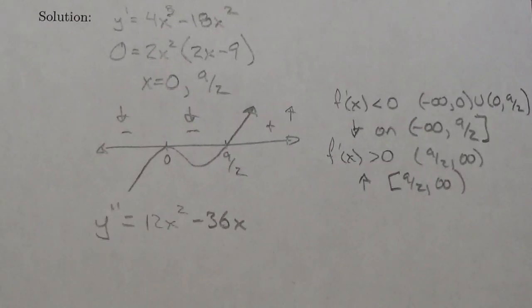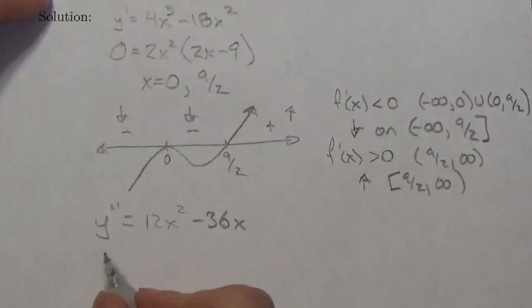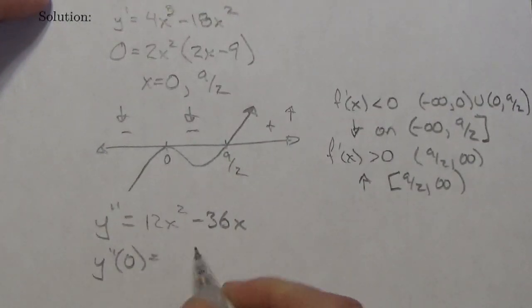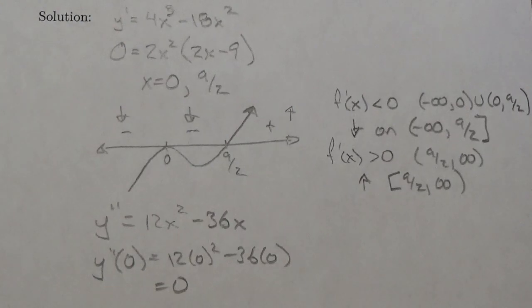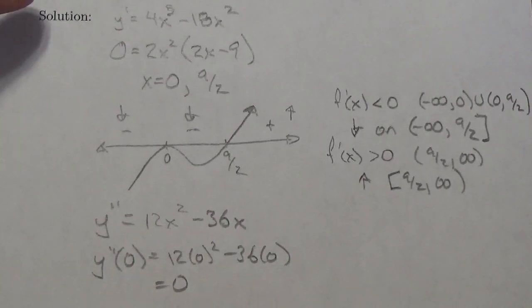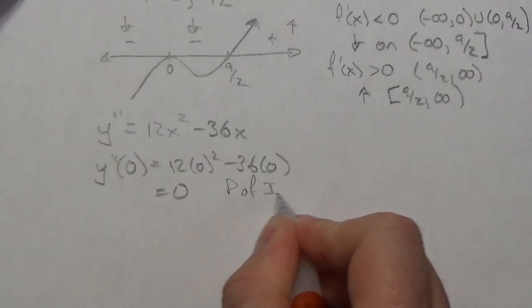What I'm looking to do is to investigate the concavity specifically at those values. So if I take my second derivative and evaluate it at 0, that'll be 12 times 0 squared minus 36 times 0. I'm getting 0 as a result. Well, now that suggests to me that I'm looking at a possible point of inflection.